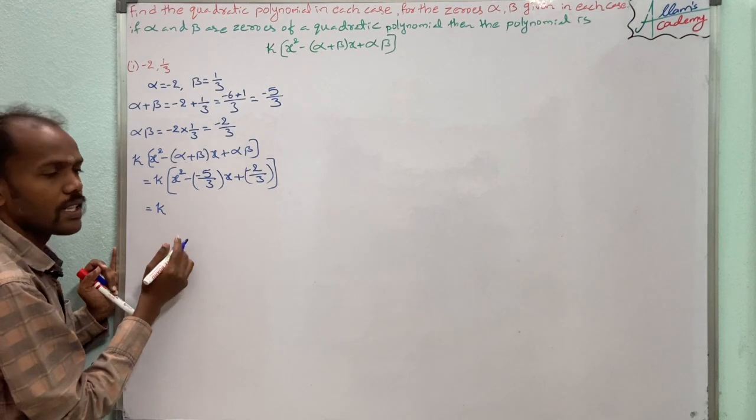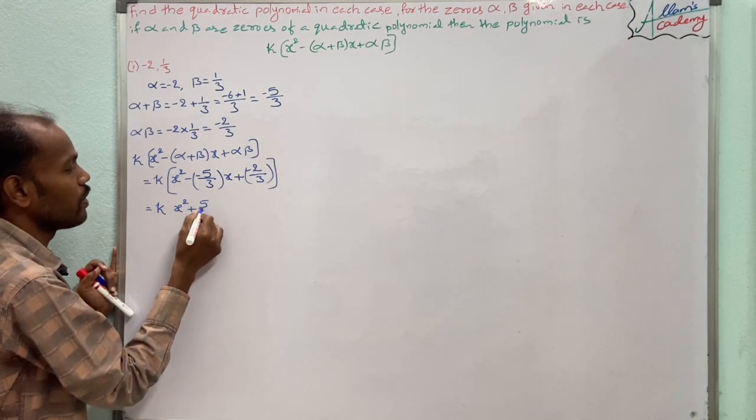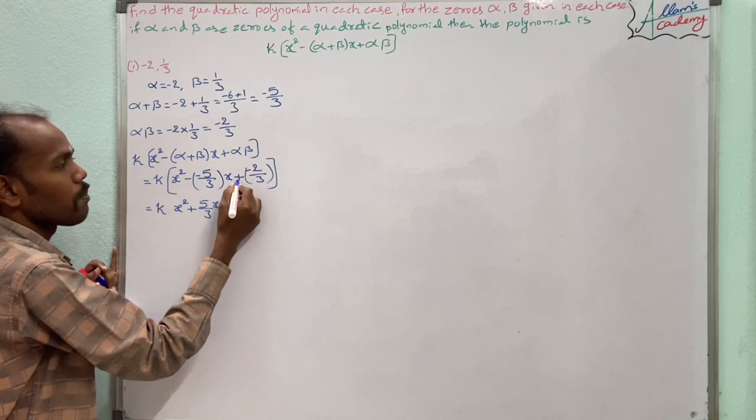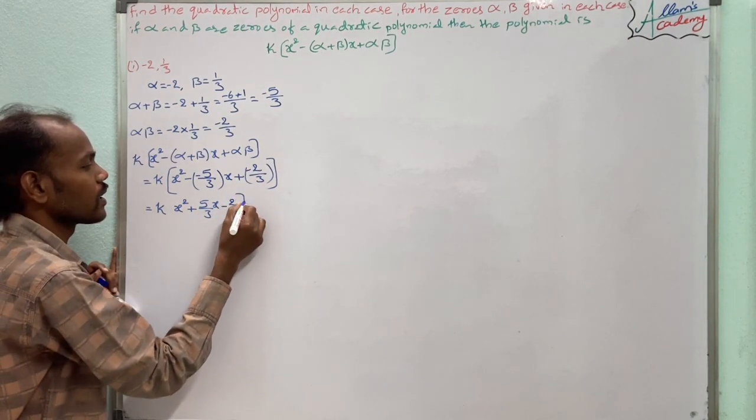Minus of minus is plus, so k into x² plus 5/3 x plus, into minus, minus 2/3.